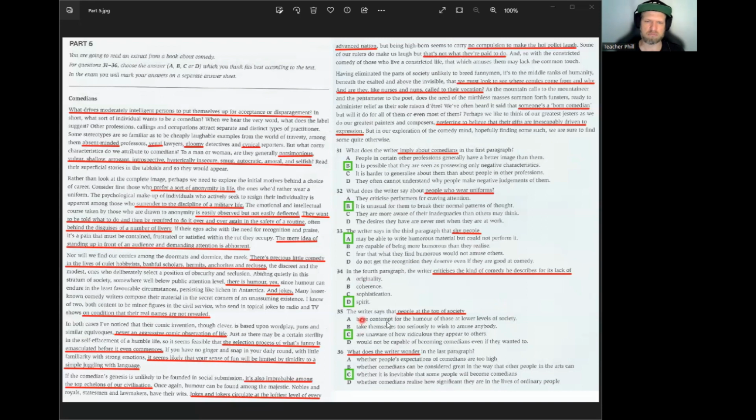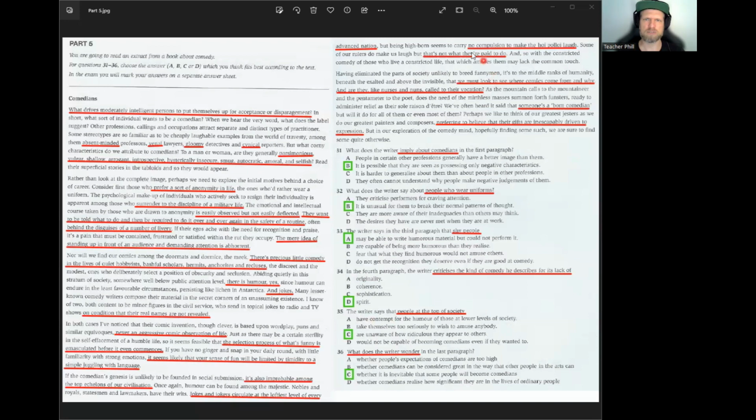But A, I think I can eliminate A here. It just says that they don't have contempt for the humor of others. It's not really what it says about it. It just says that they have their kind of humor, but they don't look down on others with this. It says they take themselves too seriously to wish to amuse anybody.